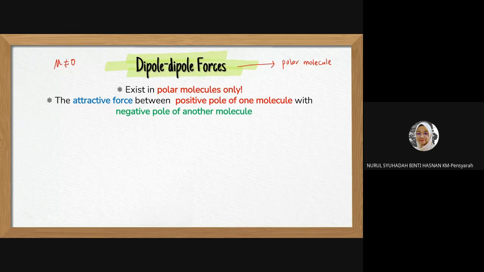So it's the attractive force between the positive pole of one molecule with negative pole of another. So positive pole dekat sini maksudnya kita refer kepada partially positive, and the negative pole dekat sini kita refer kepada partially negative. Macam itulah selalunya. So for example, HCl.